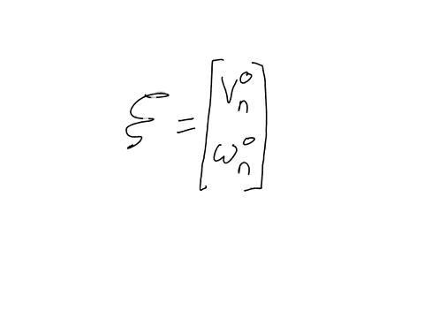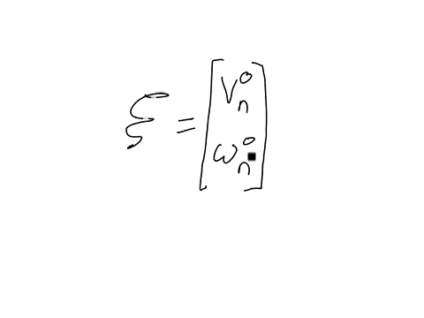Before we move on and look at some additional notation, think for a moment about what the size of this vector will be. The way it's written here, it looks like it has only 2 components, but that isn't quite true. Remember that we're working in 3 dimensions. So the linear velocity has 3 components: an x component, a y component, and a z component.